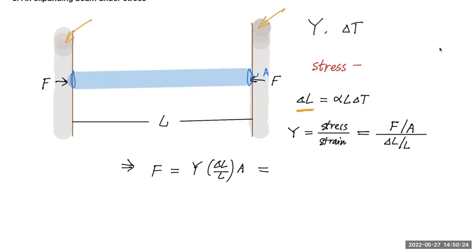Delta L is alpha L delta T. So Y times alpha L delta T, then divided by L, that's alpha delta T, and then times A. So the final expression that we get here gives us the force that the walls will have to provide to push the rod in so that despite the thermal expansion, it will keep the same length.